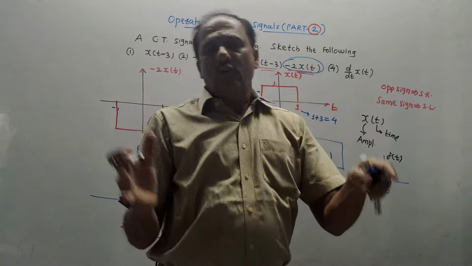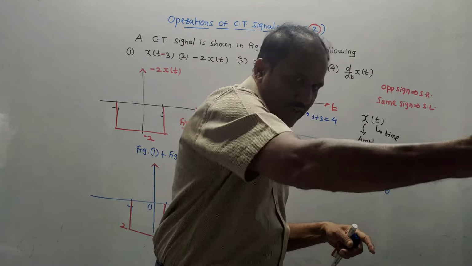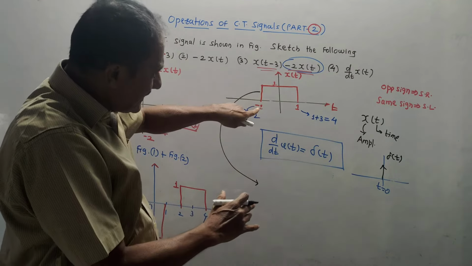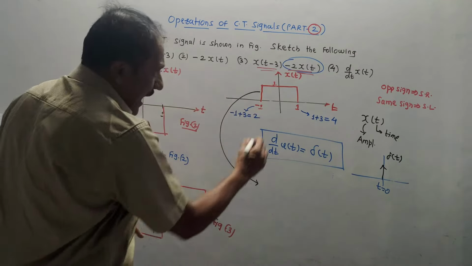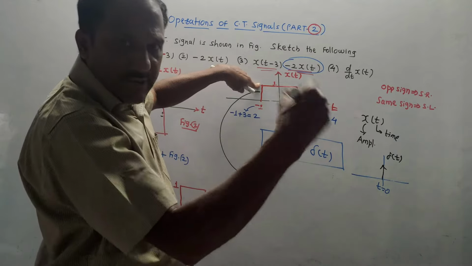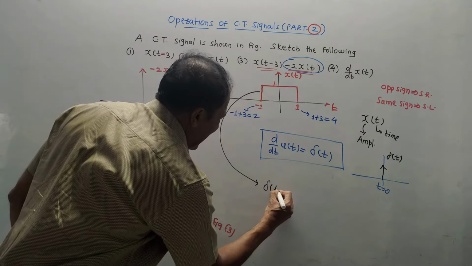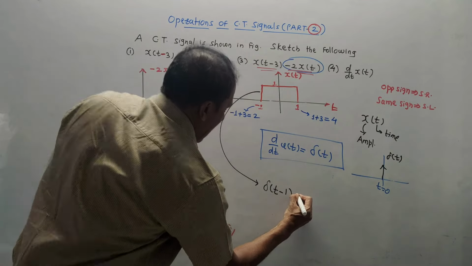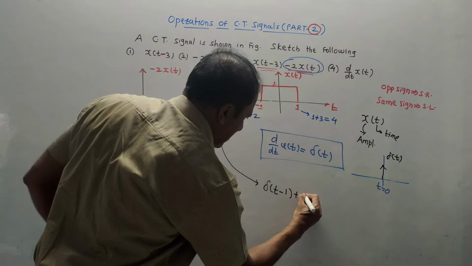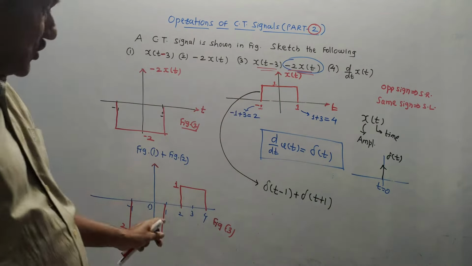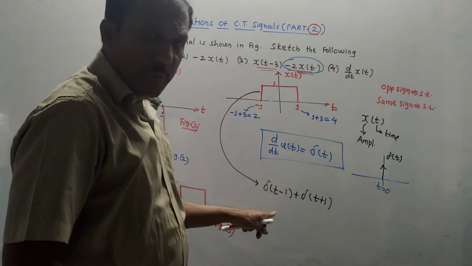Only difference is that unit step is present from 0 to infinity, whereas this diagram is present from -1 to +1. Since this limit is -1 and we know that it is similar to unit step only, so its derivative can be written as delta t plus 1 and second limit minus delta t minus 1. This is the simplest way to perform such type of calculations.